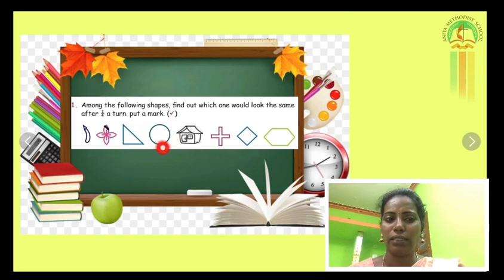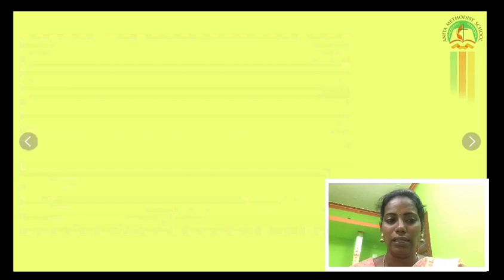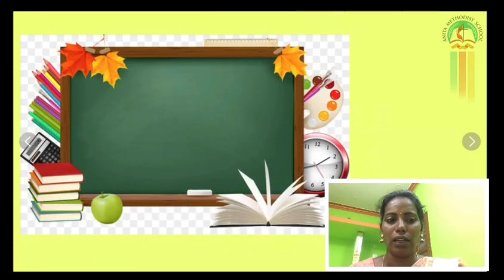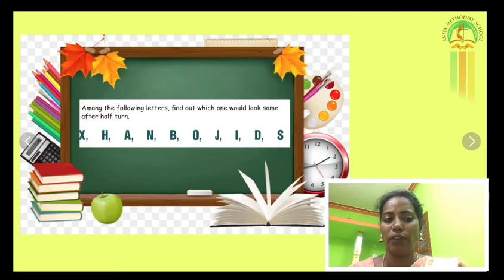A flower, circle, and plus symbol. Put a tick on it. When you turn 1/4, it comes the same shape and direction. Let's see half a turn.